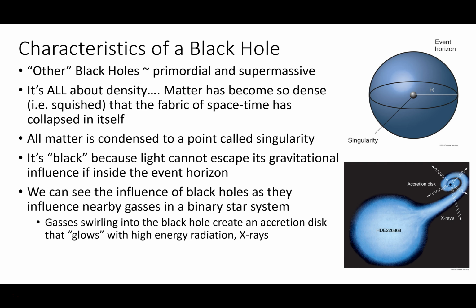Its companion actually is a black hole. So this material will go faster and faster and faster and basically become part of the black hole. And as it goes faster and faster, you can kind of see these squiggles. It's a kind of, I think, a friction thing. It creates energy that creates a signature, in this case X-rays, that we know that there's a black hole there.